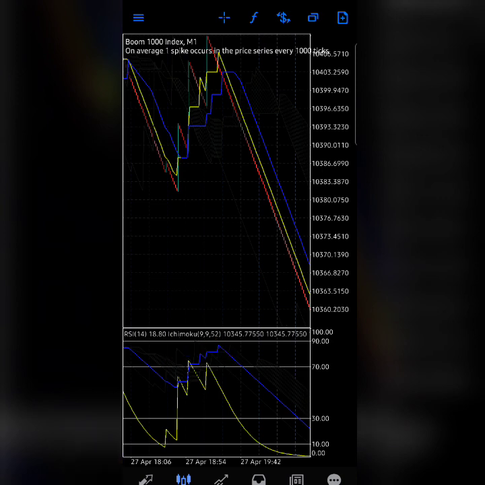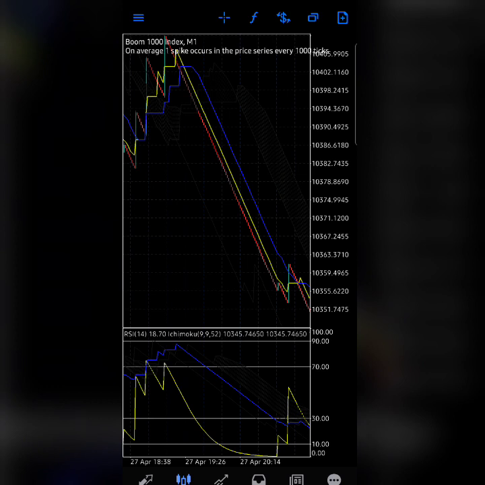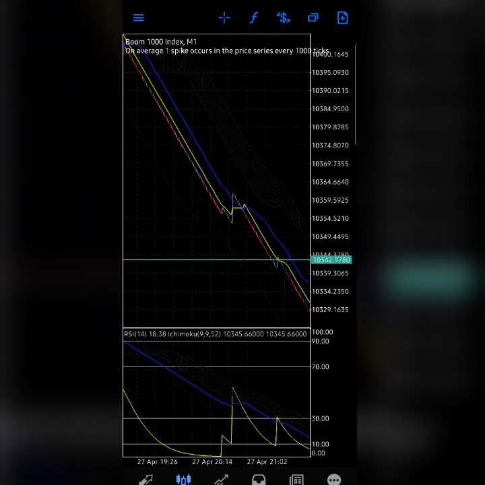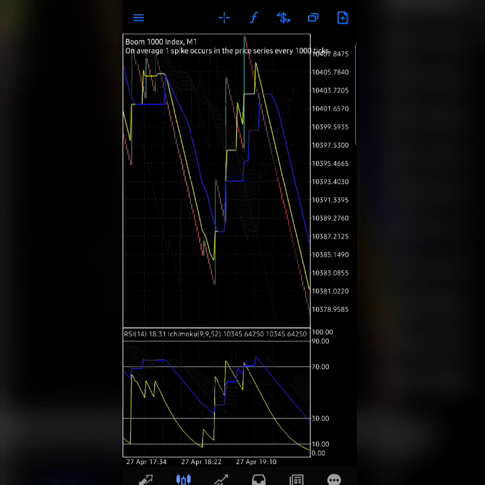Once you go into the market for a sell, your exit point should be whenever your RSI, that's this yellow line, not the blue, touches the 30, that's this level here. Once it touches that 30, that's the point you should leave the market. For cases where there's a very long downtrend like this, you can decide to do scalping.